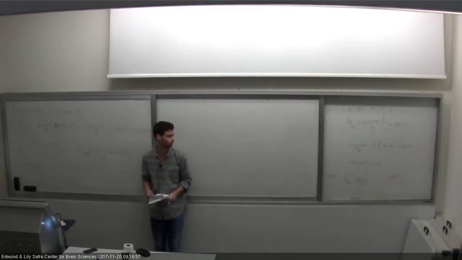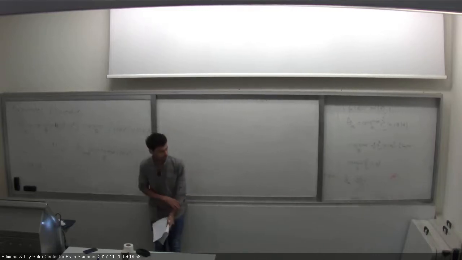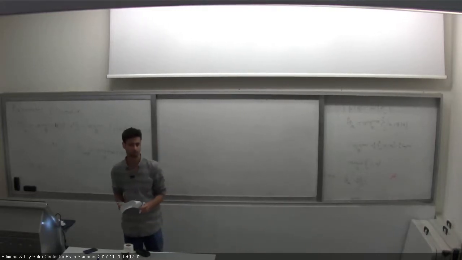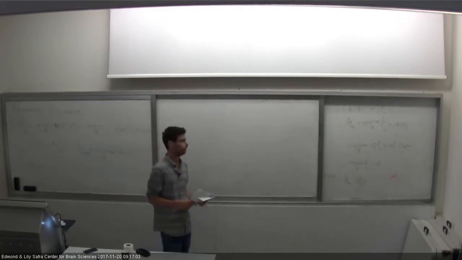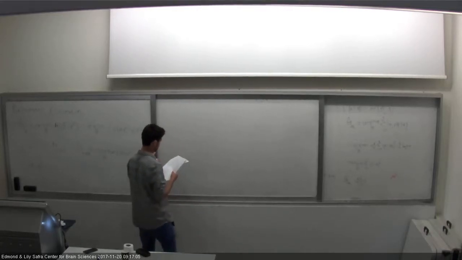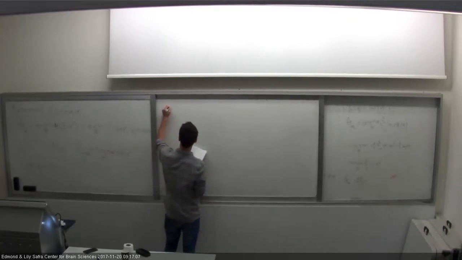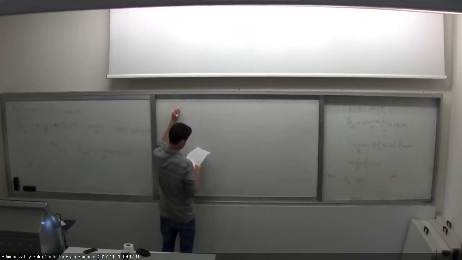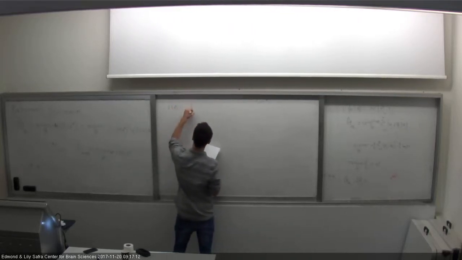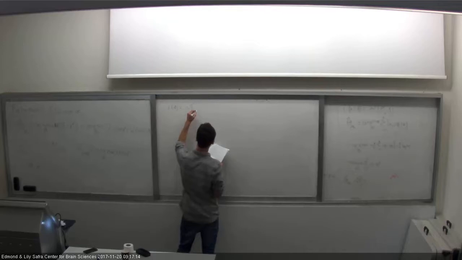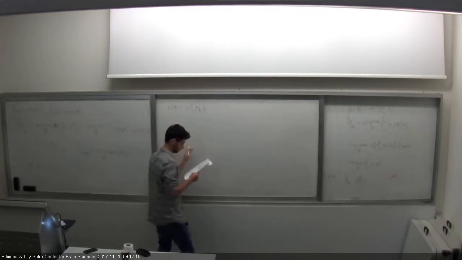So now let's assume that we are Bayesian again, and someone gives us a prior. Let's assume that we have some prior over theta that is Gaussian with some mean and variance 1.